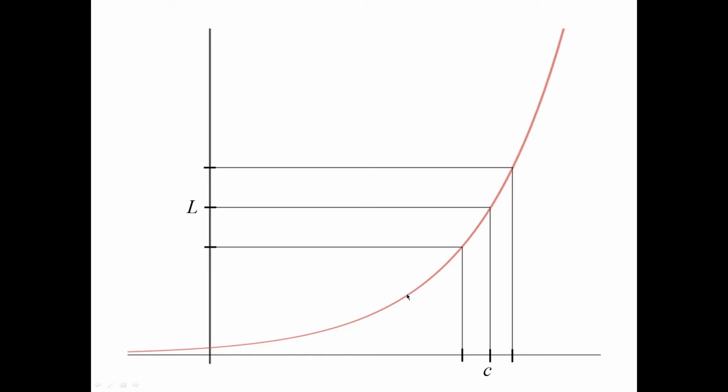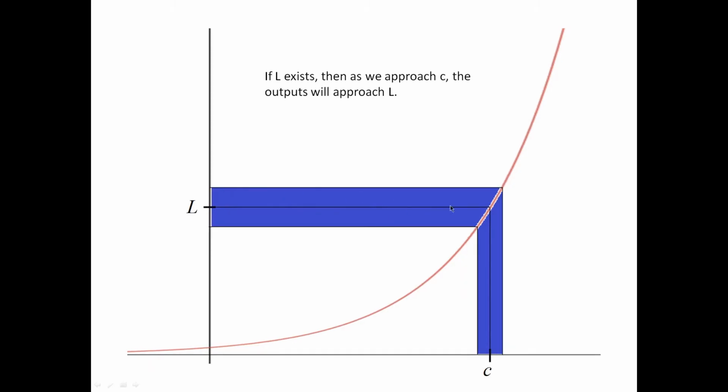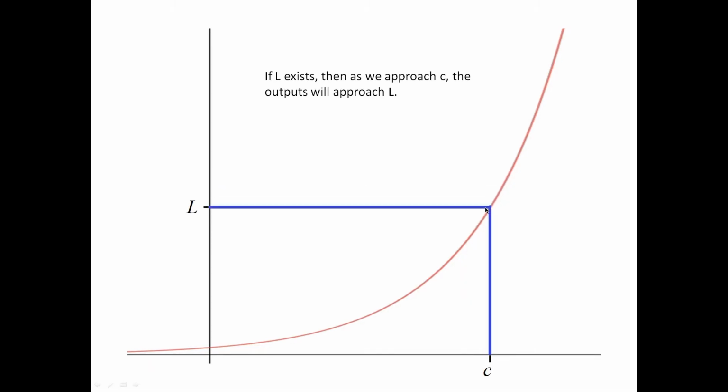Only a linear function will preserve the distances here. And then this blue, again, is this kind of L structure that we want to shrink. So if the limit exists, then as we approach c, our outputs should approach L. And so we want this structure to shrink and shrink forever until it converges on our values.